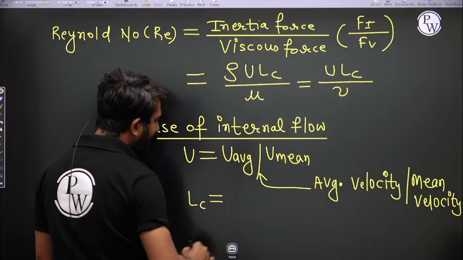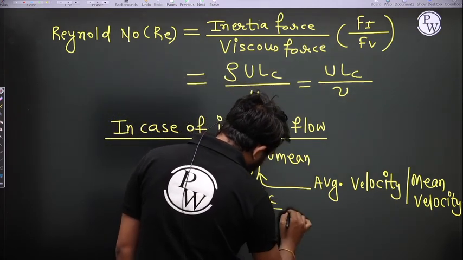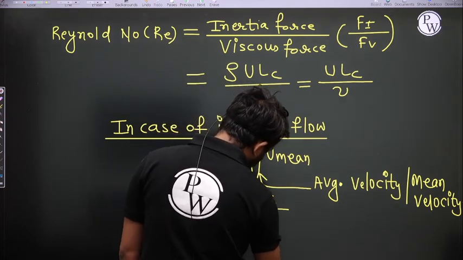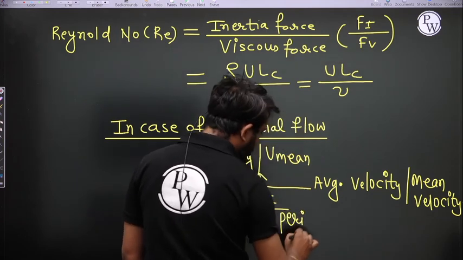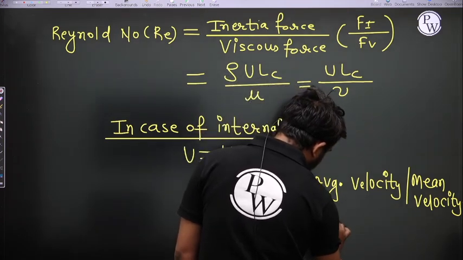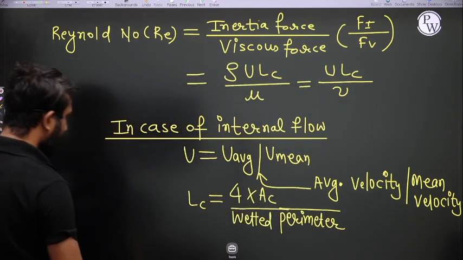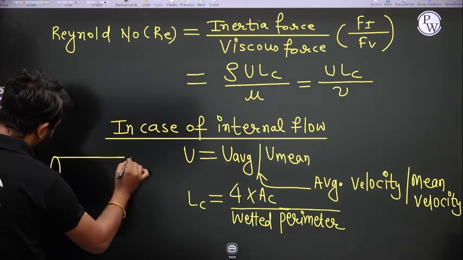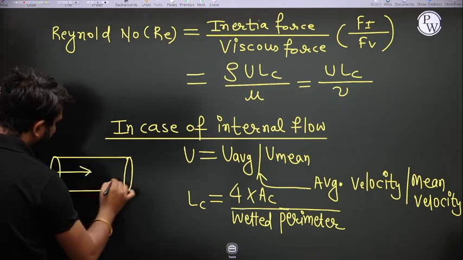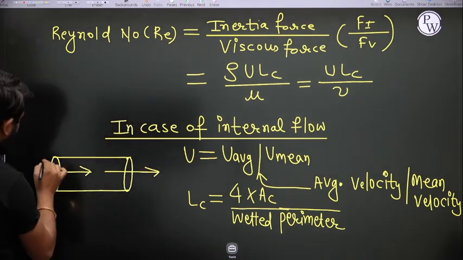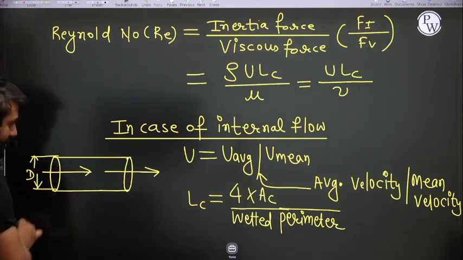This Lc is the characteristic dimension, and mathematically it is 4 into cross sectional area divided by wetted perimeter. So if I am talking about pipe flow, let us assume the diameter is capital D. So what is the Lc?